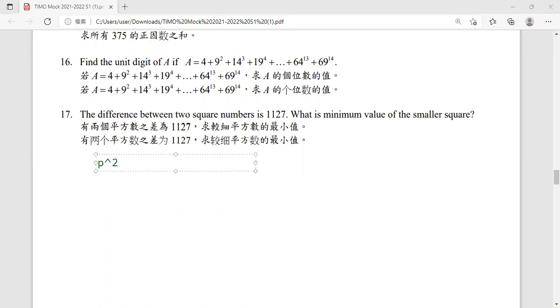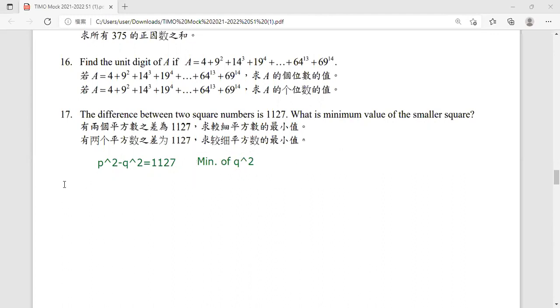I give something like this: P squared minus Q squared equal to 127. Now you have to find the minimum of Q squared.